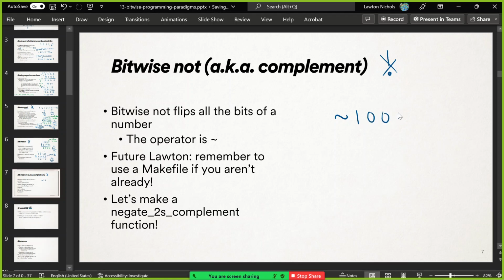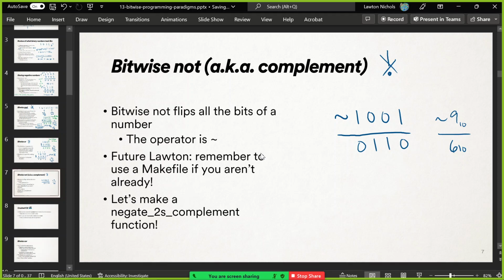I say tilde 1001, that's going to flip all the bits, perform negation on each of them. So 1 becomes a 0, 0 becomes a 1, 0 becomes a 1, 1 becomes a 0, so the resulting number is that. I had 9, base 10, and then it becomes 6, apparently. That's the idea. So that's bitwise not.